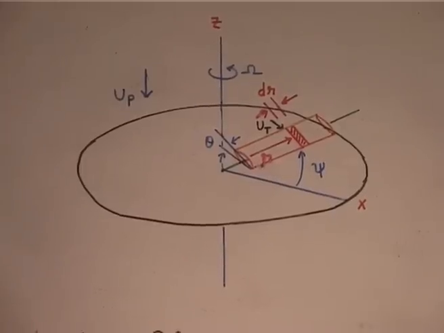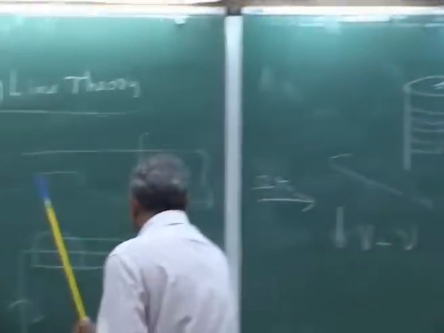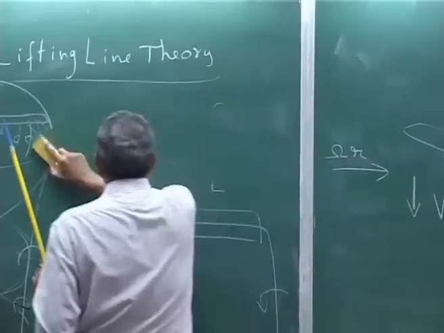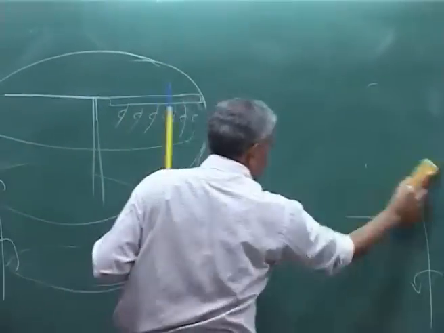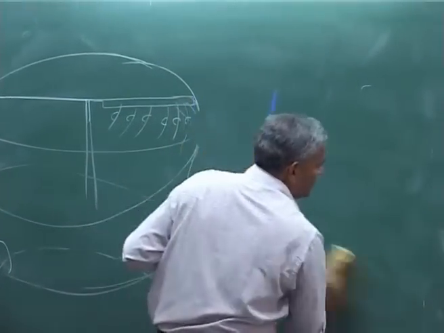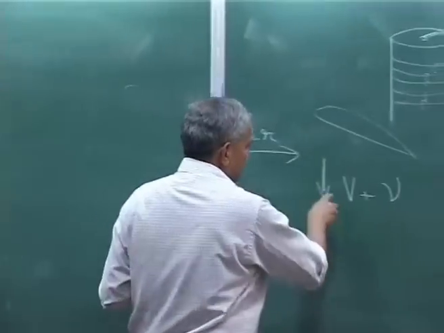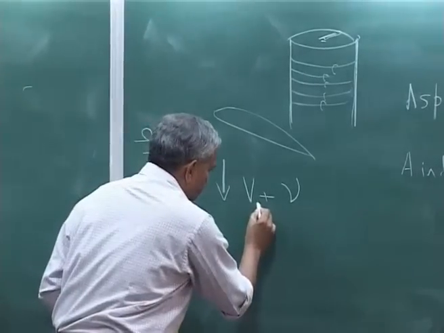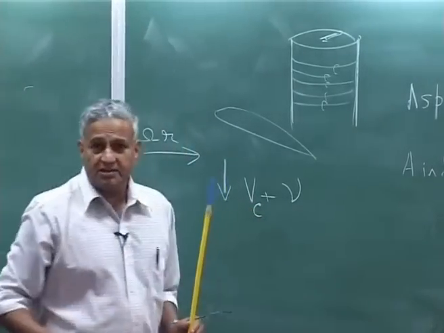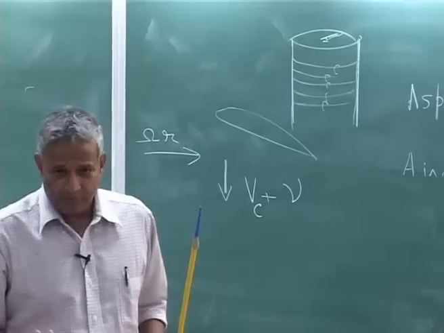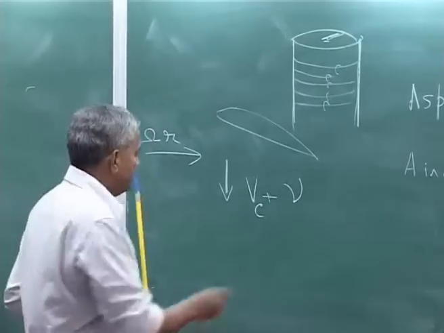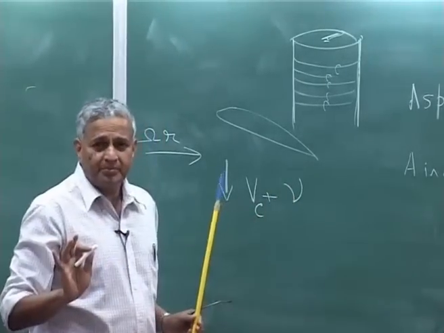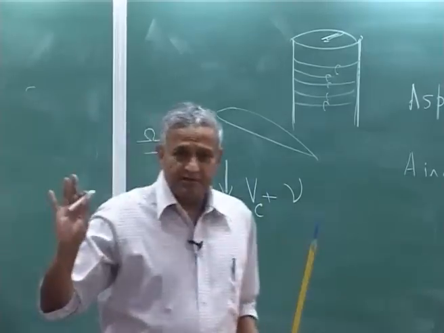Now I have omega r, and I assume that this is the climb velocity, you may put a subscript Vc to denote it is a climb velocity, and nu is the induced velocity.